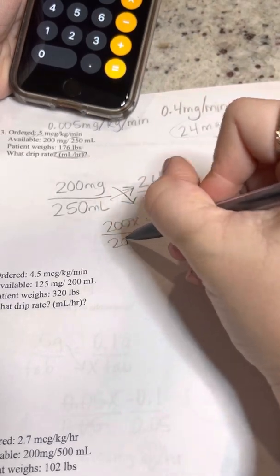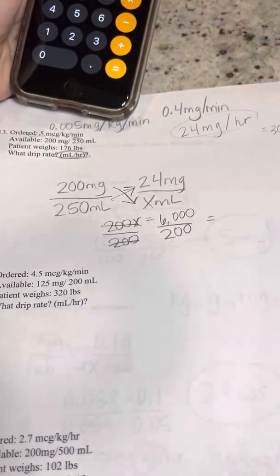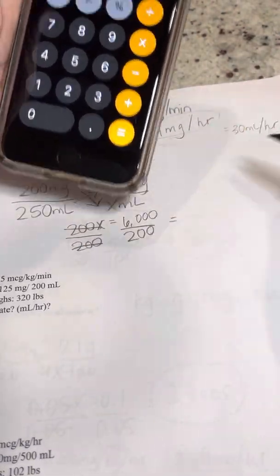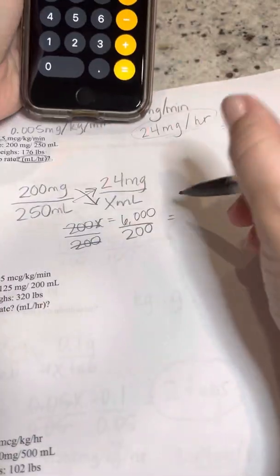Divide each side by 200 to get X by itself. So 6,000 divided by 200 is 30.